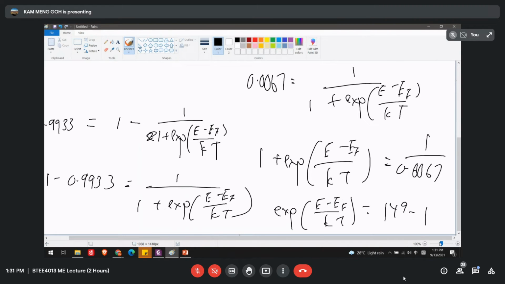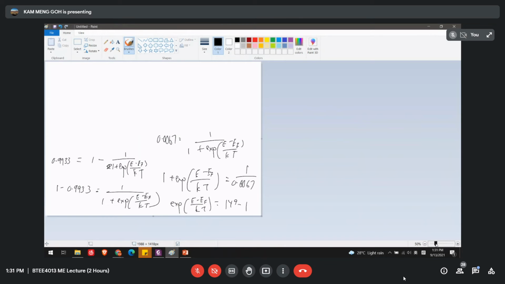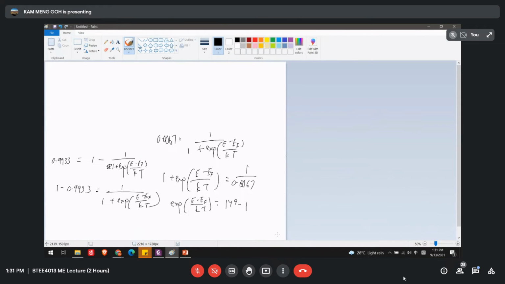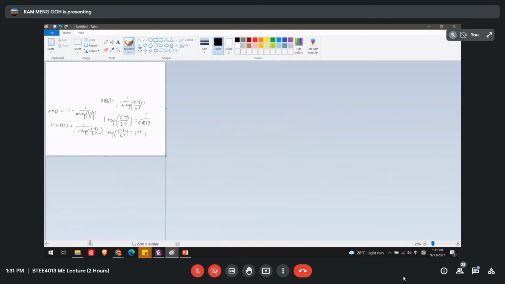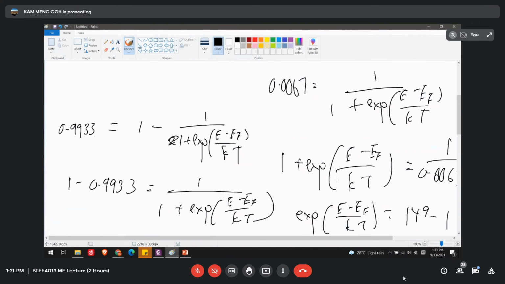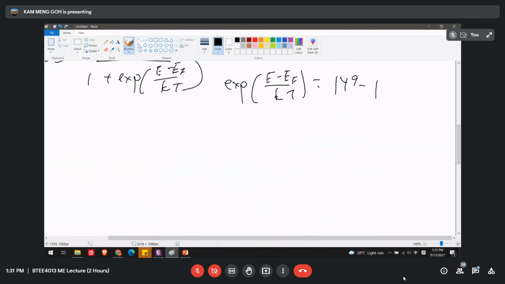Okay, I do the rounding. And then let me expand this area. So this one is exponential (E minus EF) over kT equals 148.25. Then you try to do the exponential.